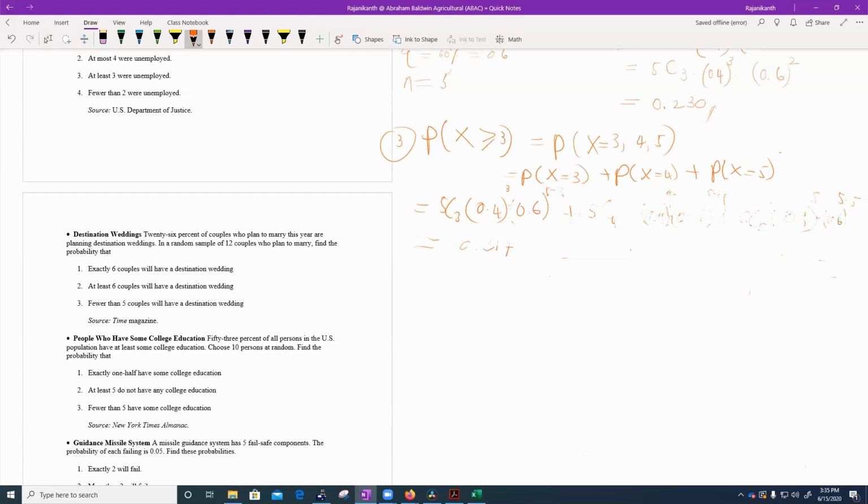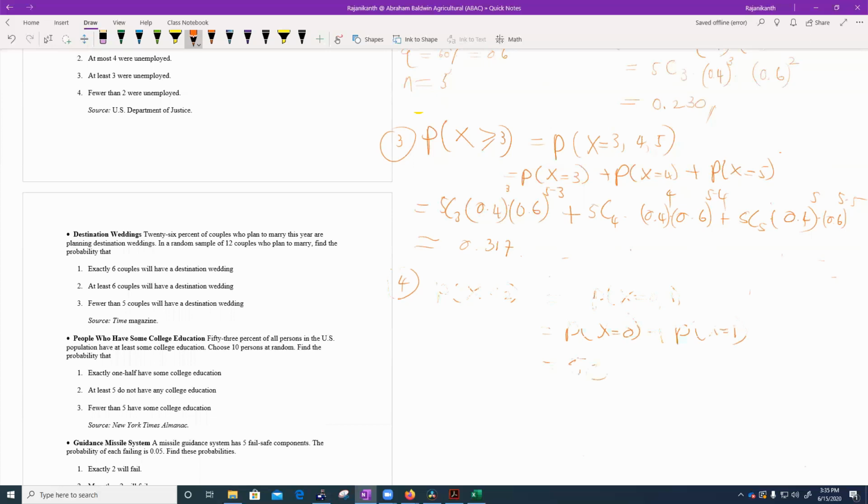Then the last part says find the probability that the number of employed should be fewer than 2. That means it should be less than 2. The possible x answers are of course 0 and 1, only 2 values, right? Therefore, that is the probability of x is 0 plus the probability of x is 1. Now find these two separately.